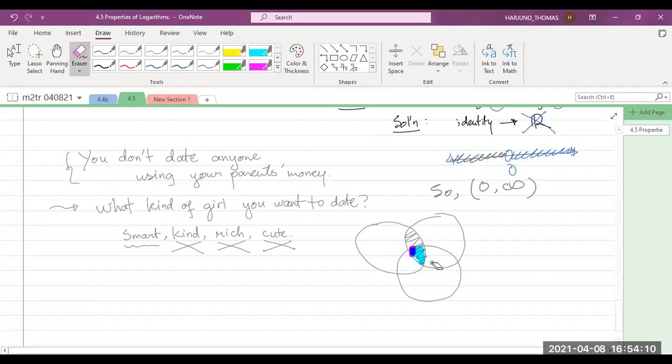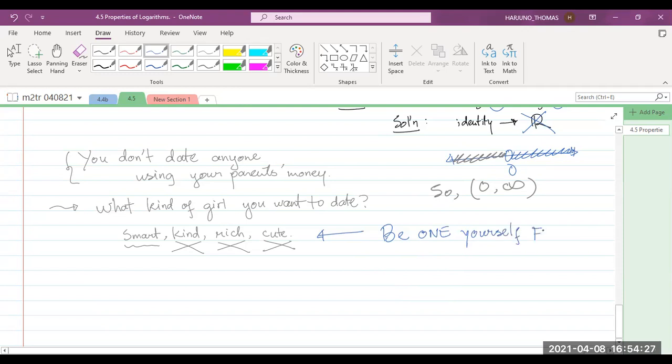And my mom then told me her lesson on that day. The lesson that she gave me is this: Thomas, you want to date that kind of girl, be one yourself first. So instead of expecting to date somebody who is smart, kind, rich, and cute, how about you become someone who is smart, kind, rich, and cute?